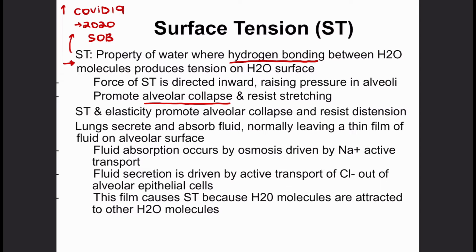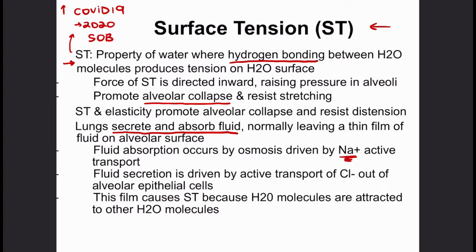So lungs do secrete fluid and they do absorb fluid. And normally there's a thin film of fluid on the alveolar surface, which is why surface tension can cause an issue. This fluid absorption occurs by osmosis, which is driven by sodium active transport.